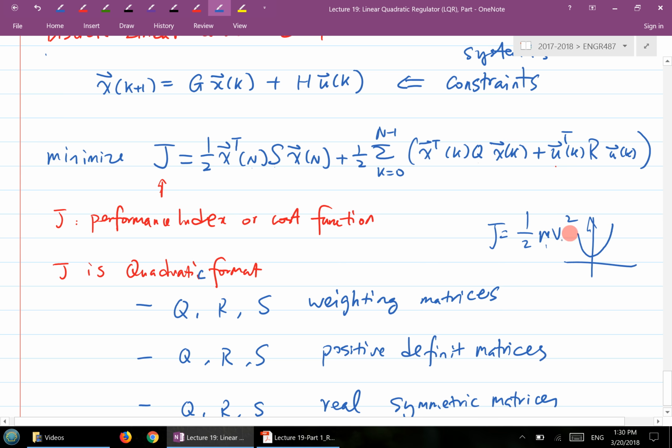If I have multiple variables, maybe V1 and V2, then you get a surface, and that surface will always be pointing up, like a bowl. I can't draw more than a function of 2 variables, but you can imagine the J will be like a bowl always pointing upwards.